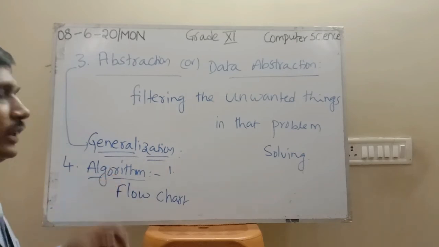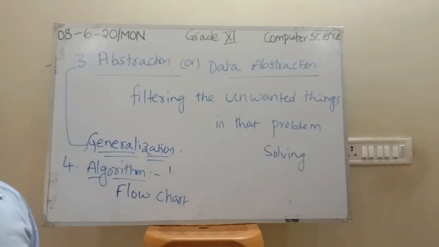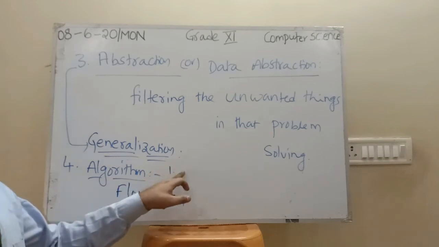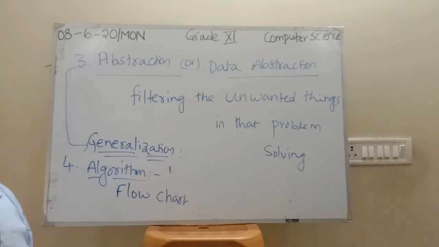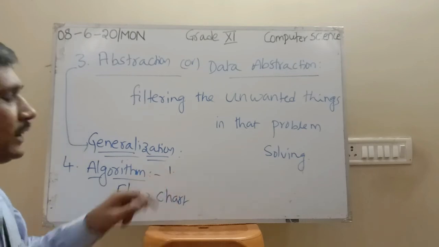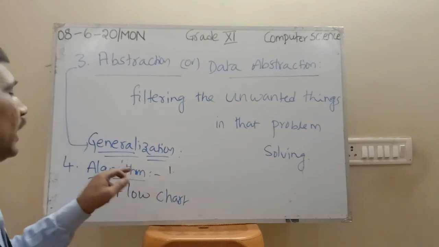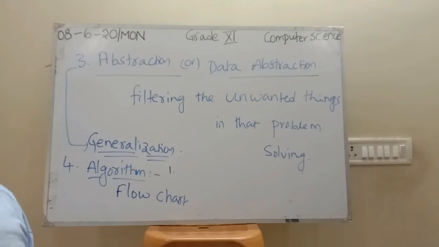In the algorithm, we are not dealing with any programming language like C, C++, Java, Python. We just write all the logic from starting to ending step, considering every logic and implementing it in a generalized manner, not related to any programming language.